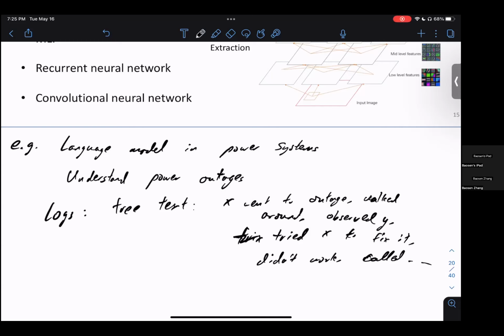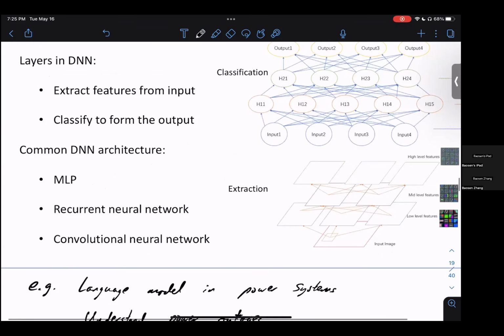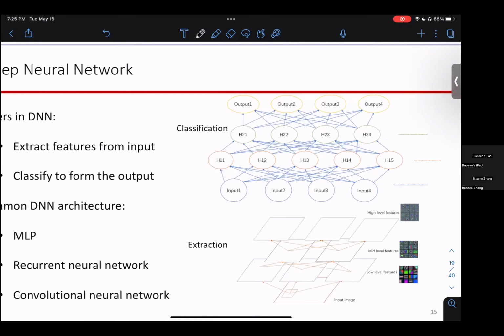So you have to read this entire paragraph to know what's going on. And the problem with the neural network is, if you input a sentence in one direction, it may not remember what was said in the beginning. The neural network may not remember what's going on in a long sentence or long paragraph. So the way you do this is you train two neural networks.